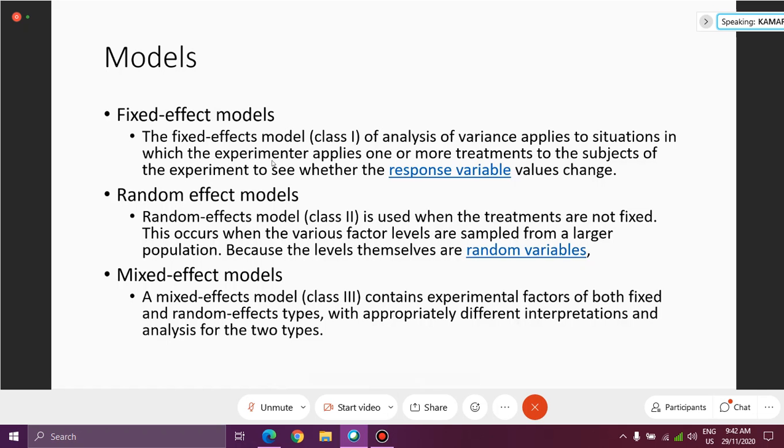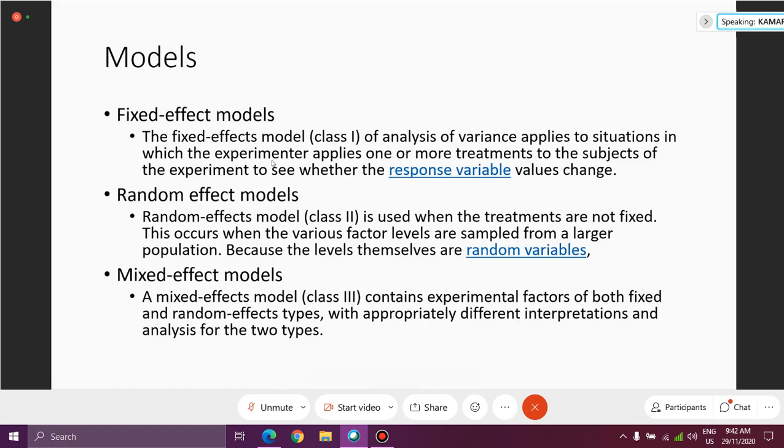In random effect models, the choice of group 1, group 2, group 3 are done randomly. It means that you go to the population and choose randomly.